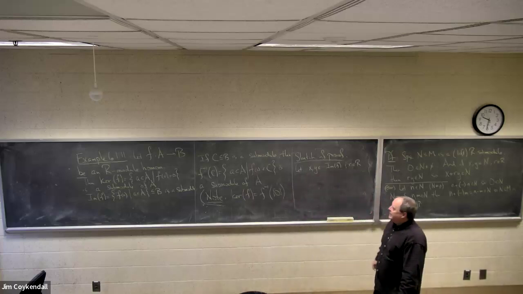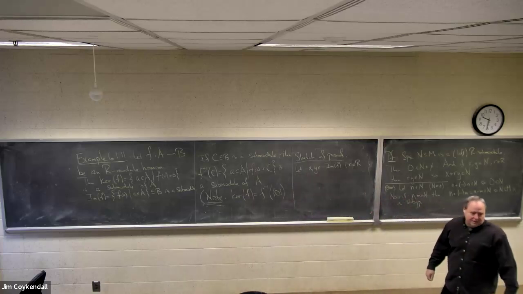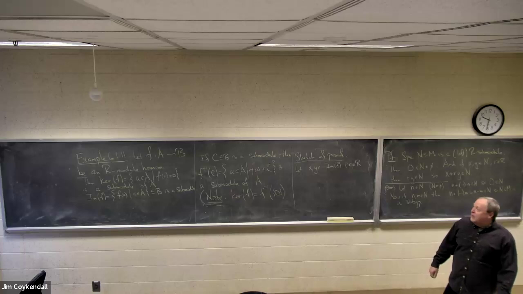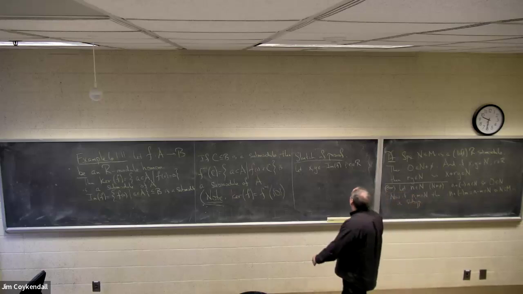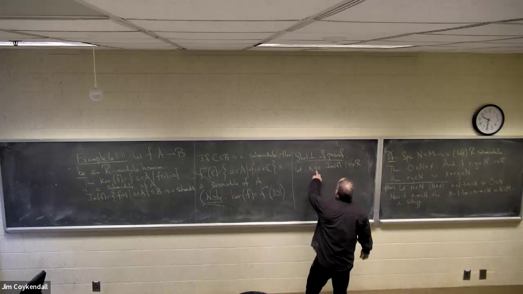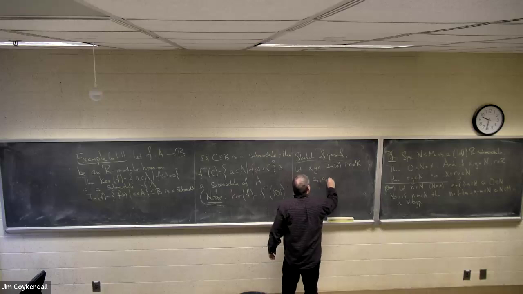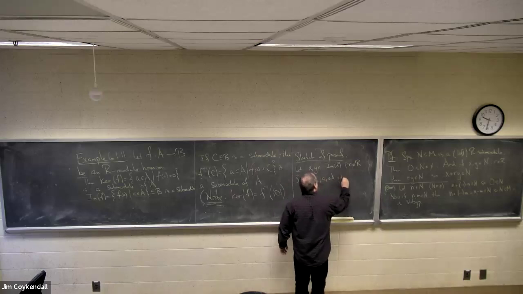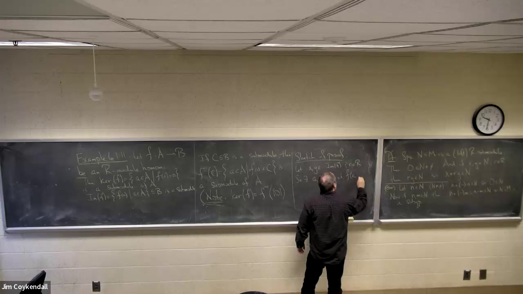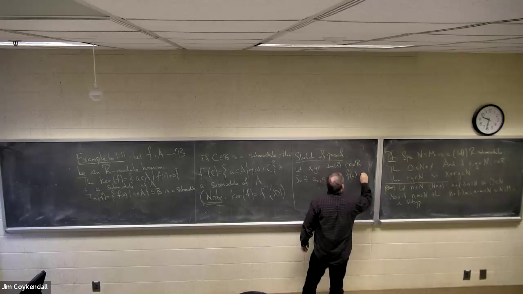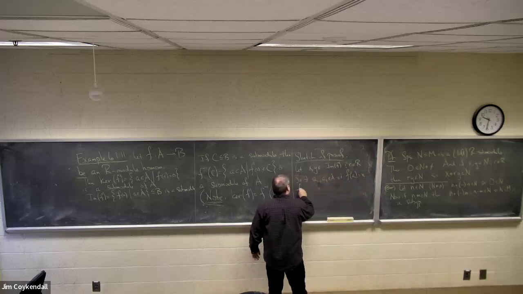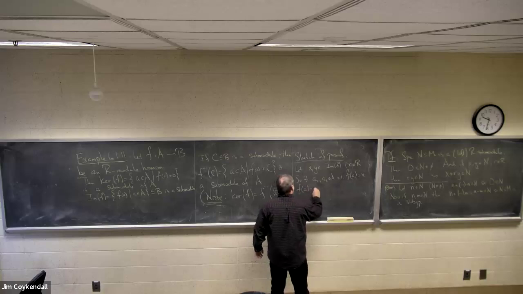Let me point out that the image of F is not empty, because in particular 0 is in the image of F, right? So suppose X and Y are in the image of F, R is in R. So there exist A1 and A2 in A such that F of A1 equals X and F of A2 equals Y.